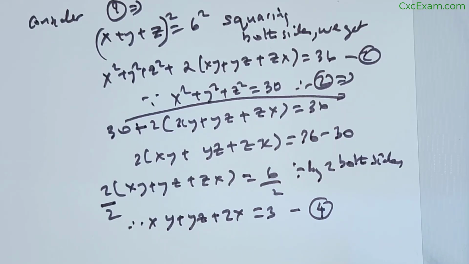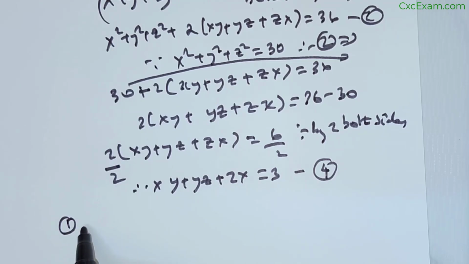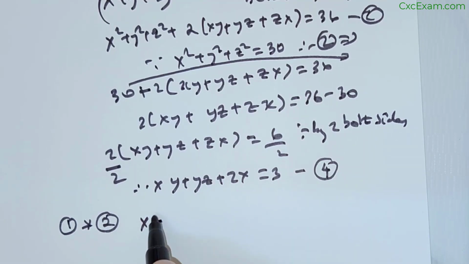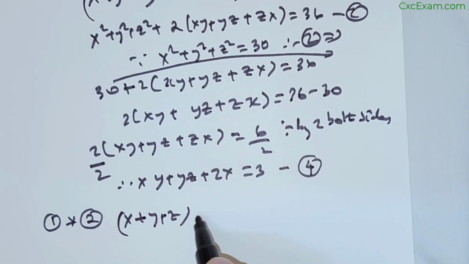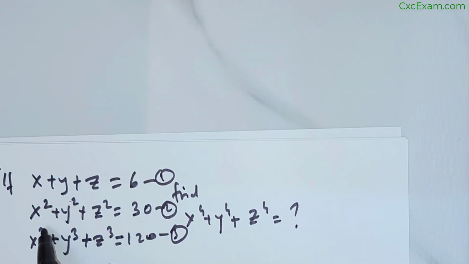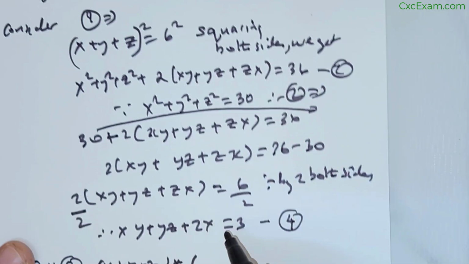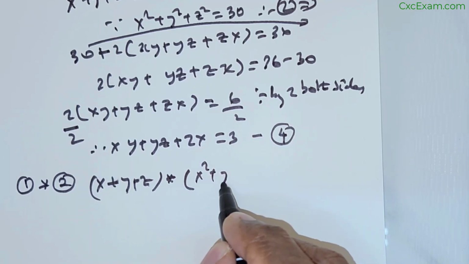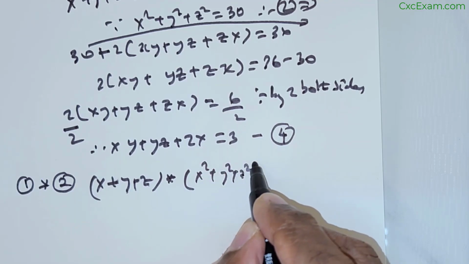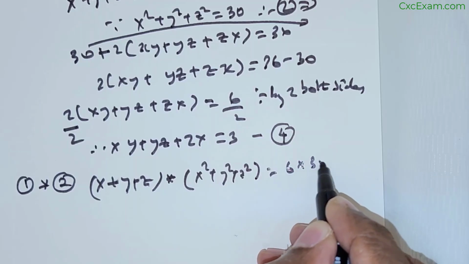Okay, fair enough. Now I want to multiply 1 with 2. So if I do that, (x + y + z) multiplied with (x² + y² + z²) is equal to 6 multiplied with 30.